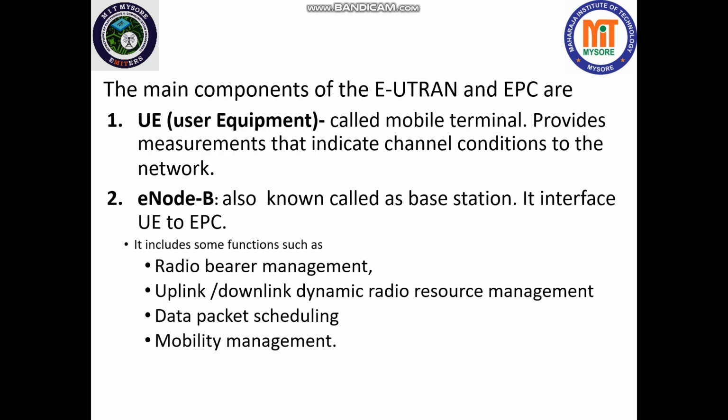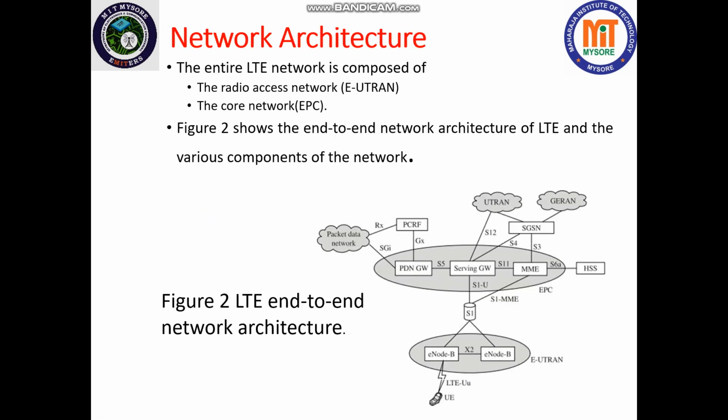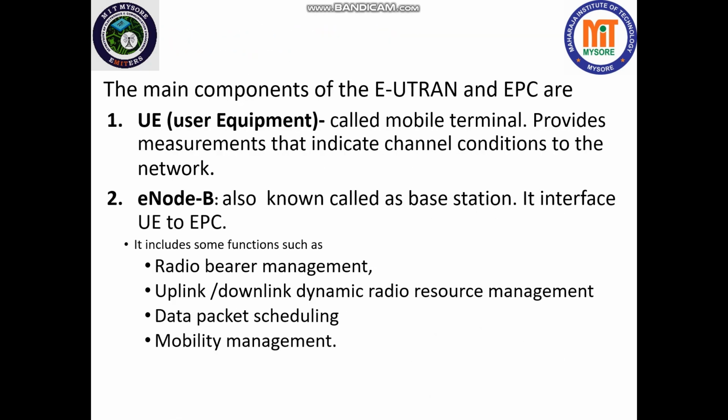First one is user equipment. User equipment is our mobile terminal, provides measurements that indicate channel conditions to the network. Next is eNode B. This is also called as base station. It interfaces our user equipment or mobile to the network or to the EPC or the packet core network.